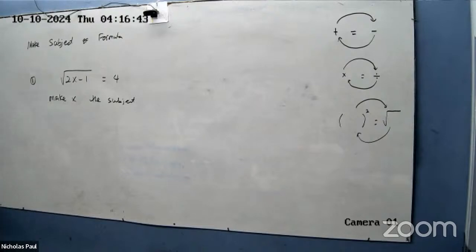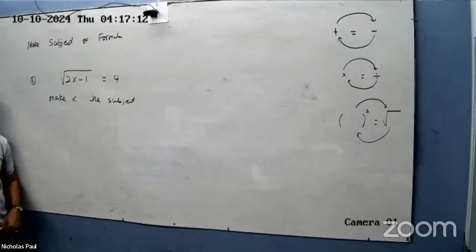Some people are good at this and are already seeing what to get rid of first. Who said to get rid of the minus one first? Show by hands. Who said to get rid of the two first? Who said to get rid of the square root first? Very good. Get rid of the square root first.